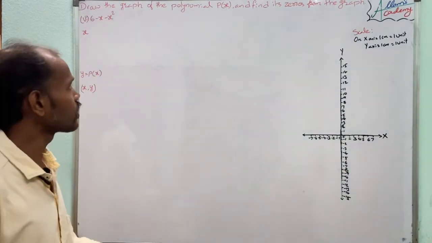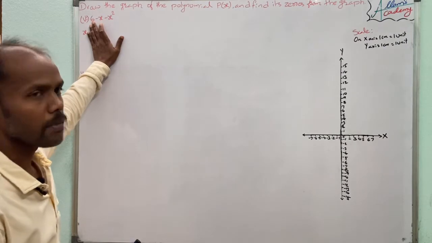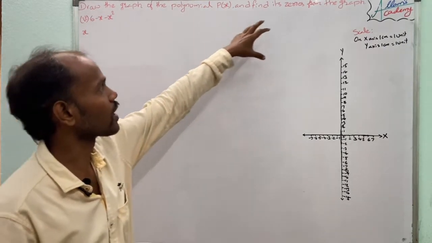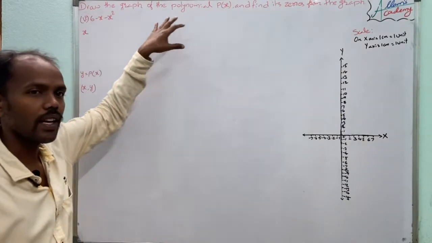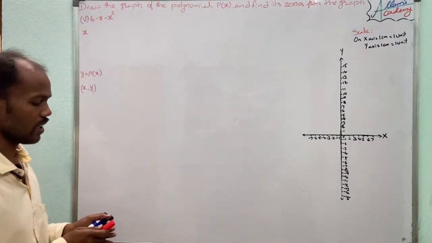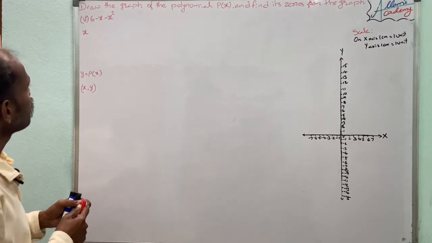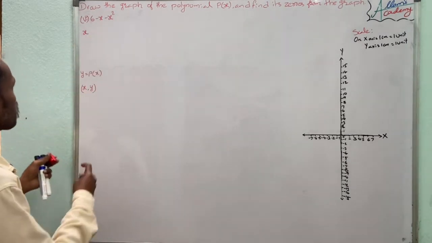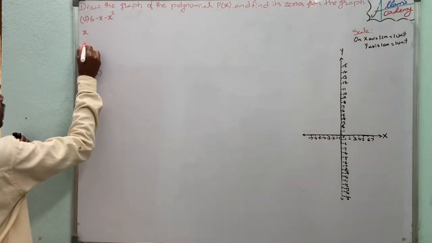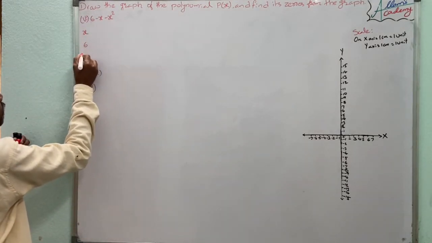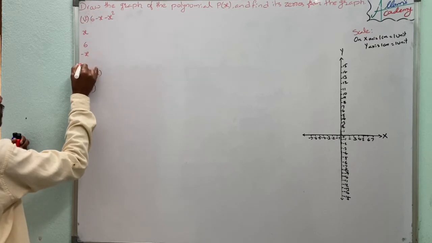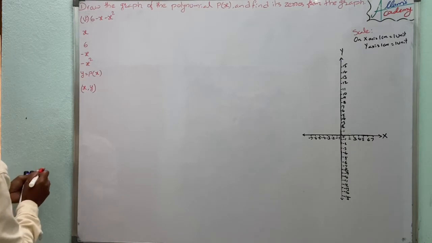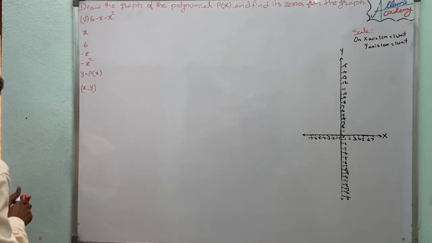Next, find the zeros of the polynomial 6 minus x minus x square through graph. For finding the graph we have to take x values, and for the x values we get corresponding y values. For that purpose, what are the steps we will write? First 6, next minus x, next minus x square. Here we substitute some x values.